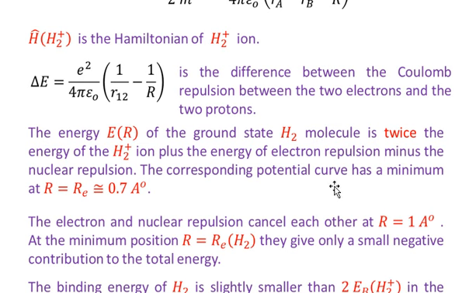The corresponding potential curve has a minimum at R is equal to RE is equal to 0.7 angstrom, where R is actually the equilibrium distance, or the distance at which the potential energy becomes minimum. So if you choose R is equal to RE, then you get this value equal to 0.7 angstrom.